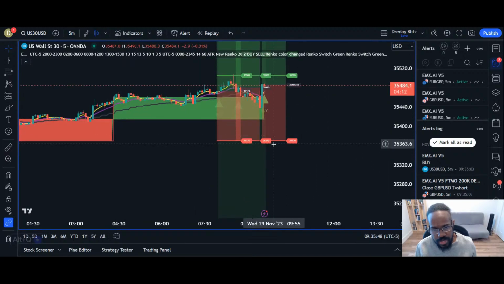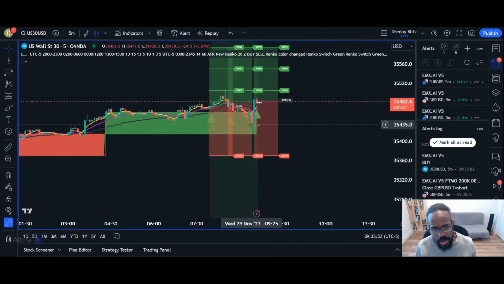The reason why the stop loss is further like that is because when the Renko is switching to bearish, this is the actual box that the price should go. As long as the price is not in that area, your trade will still be open.